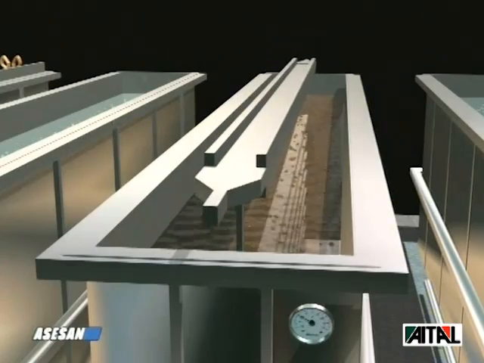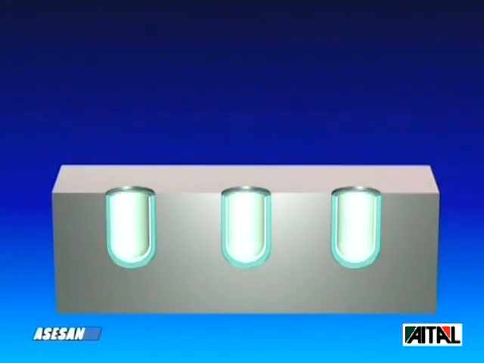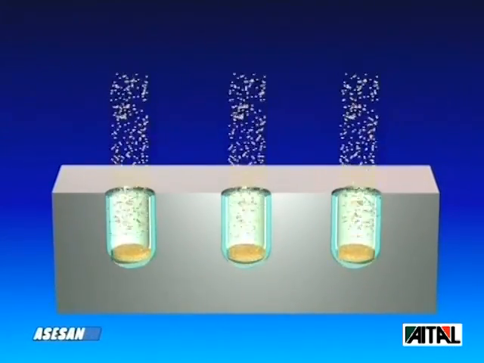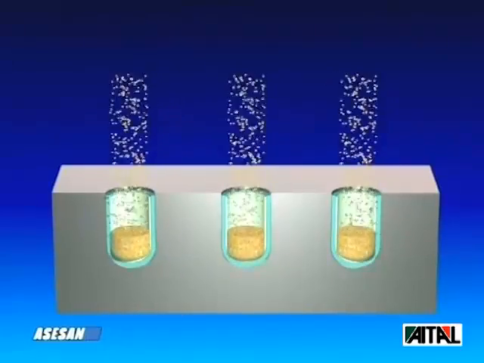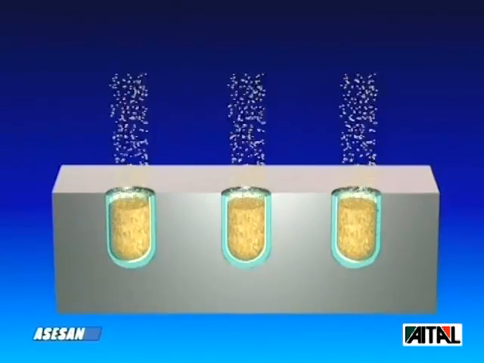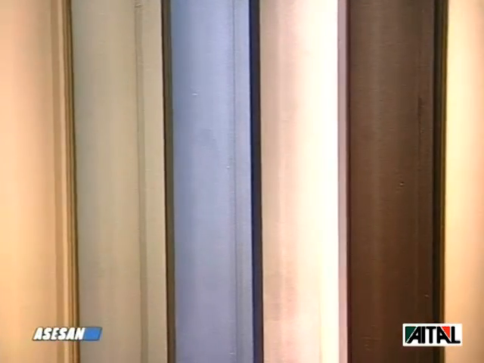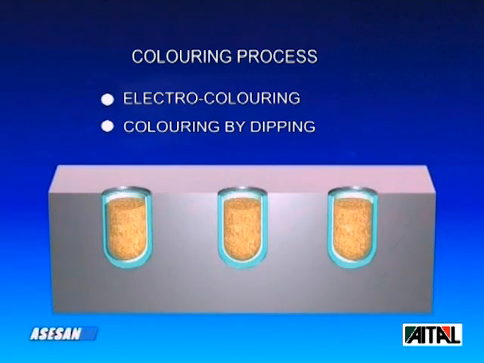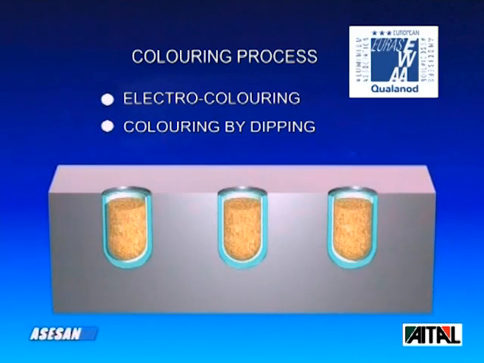If, on the other hand, a coloring is requested, you go to a phase in which metallic salts or chemical compounds are deposited inside the pores of the anodic layer to produce various tonalities of light-resistant color. The most common processes of electrolytic and immersion coloring follow the directives of the QualiNod quality label.